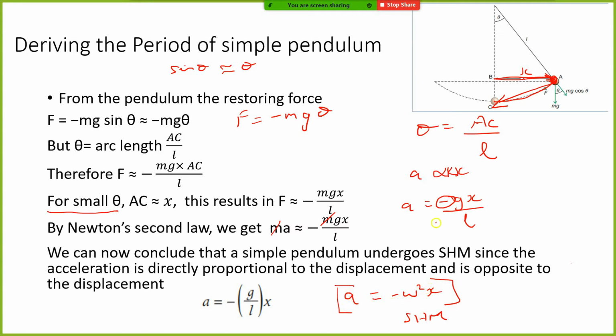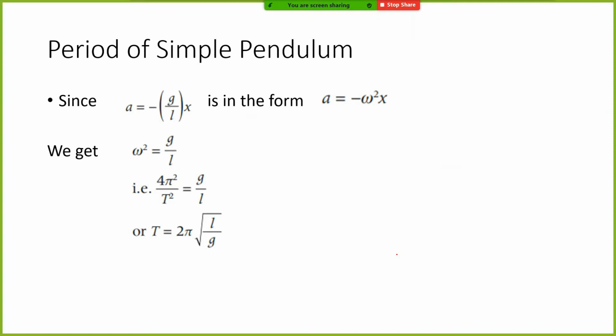So from this, we're now going to compare both equations, and by comparing both equations, you're going to see what is going to happen next. A, as we derived, is equal to minus g divided by L times x.